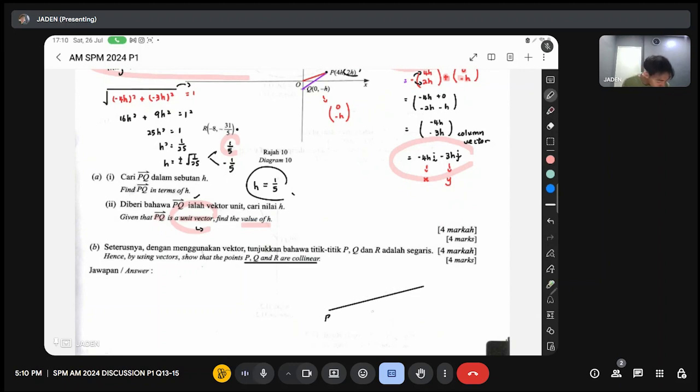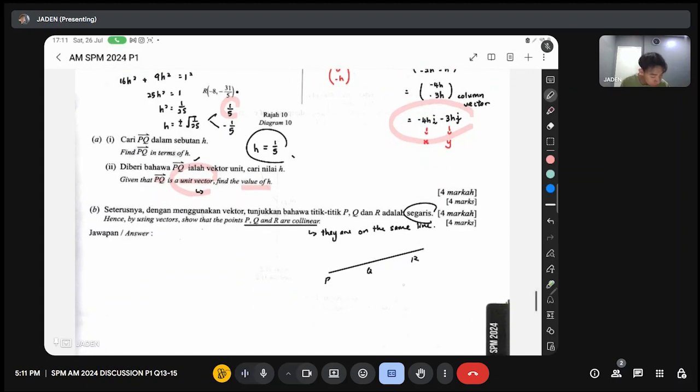Let's say I give you P, Q, R. Collinear means they are on the same line. In Malay, segaris is pretty easy to understand, but in English the word collinear is much more abstract. So collinear means all these 3 points are in the same line.